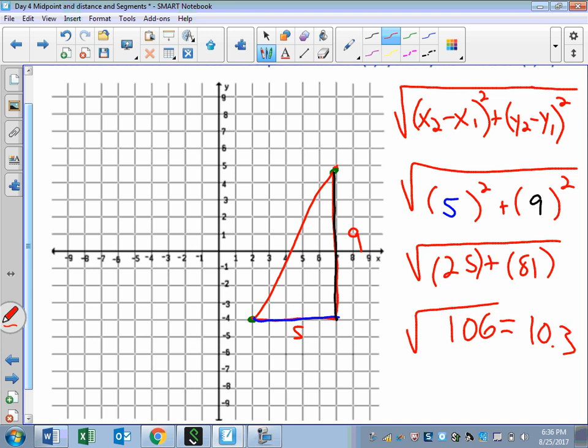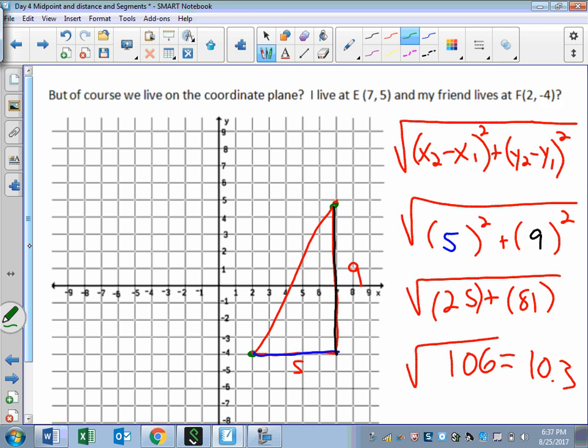So if we had plugged in the points for y, so we got y2, if we look at our points up here, y2 is -4 and y1 is 5.